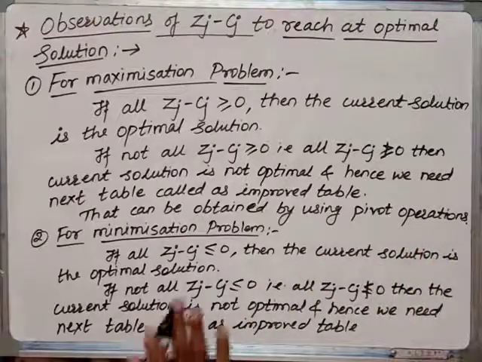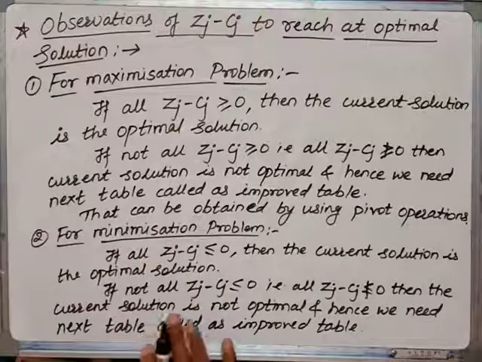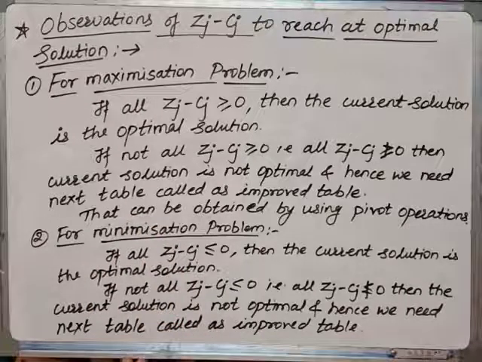For minimization as well as for maximization, the pivot operations are required to get our improved table.